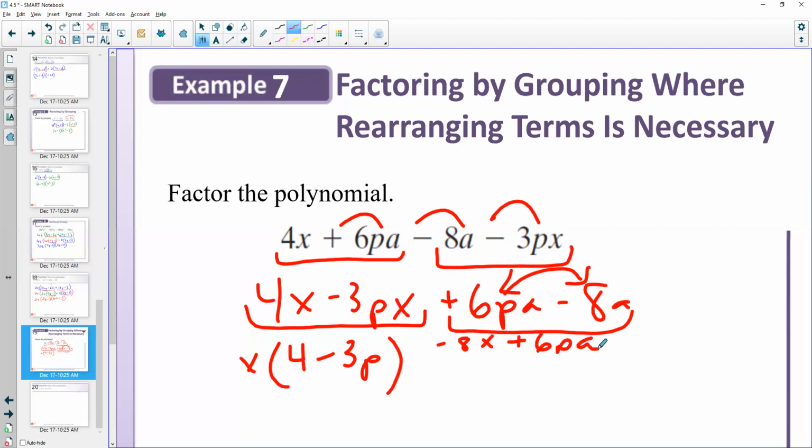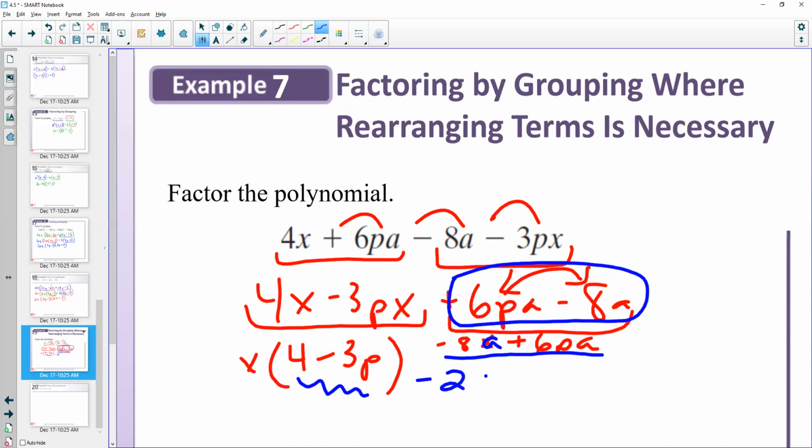Because I want to get this as my binomial. But if I do it like this, what am I going to get? I'm going to pull out a 2 and an a, and my things are going to be backwards, and that's not helpful. So I can still pull out the same common term. I'm going to pull out a negative 2, though. Oh, this should be an a. Sorry, I made x's. Minus 2a.